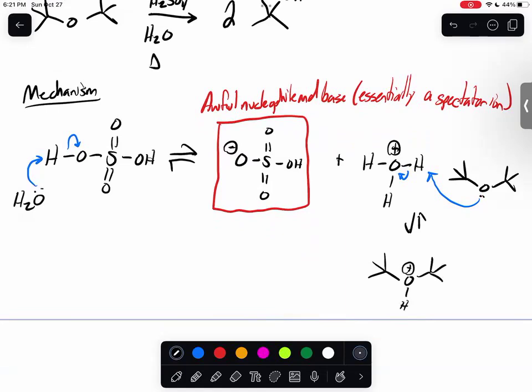So the leaving group itself will leave, and we'll end up with a carbocation as well as one of our tertiary alcohols. But this now HSO4 minus, which is practically a spectator ion, is not a good enough nucleophile to do anything. So what is a good enough nucleophile to do anything? Well, it would have to be water, right? Water is the only okay nucleophile in solution.